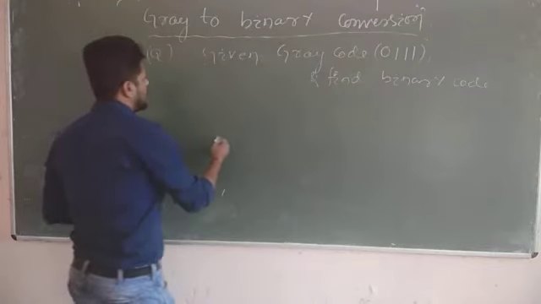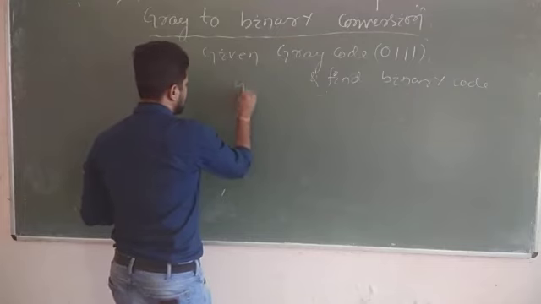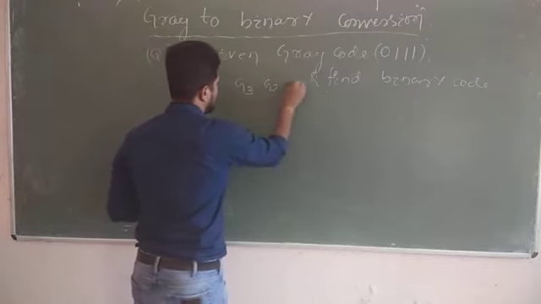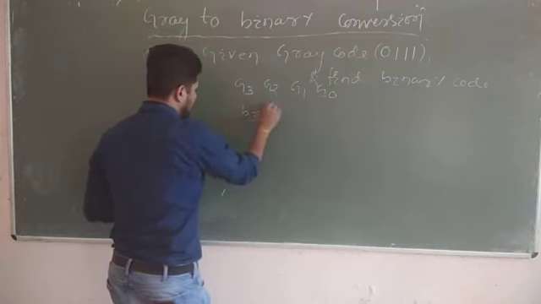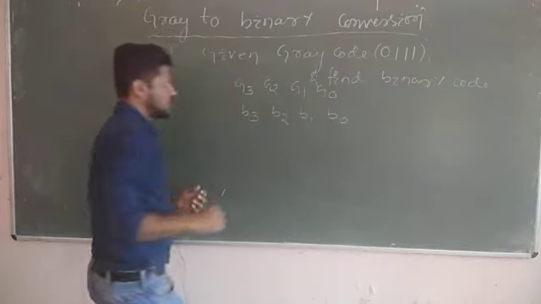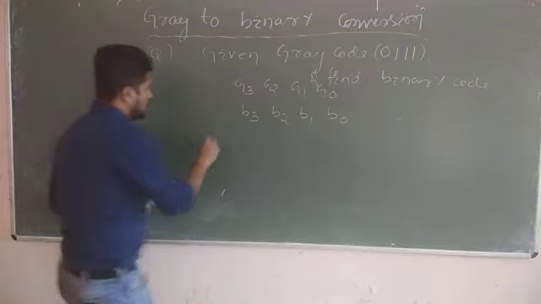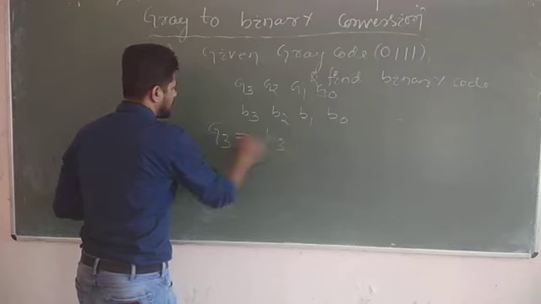So how to find? There is a procedure. First you need to see that G3, G2, G1 and G0 is given, and you are asked to find B3, B2, B1 and B0. Then how to find this? Directly the most significant bit is always the same, G3 is equal to B3.